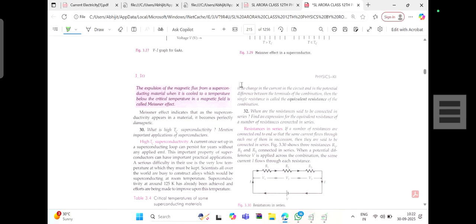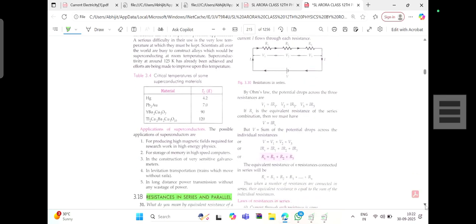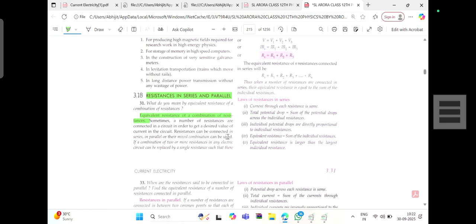Sometimes we have to use a combination of resistances for a circuit, in order to get the desired value of current in the circuit. Resistances can be connected in series, in parallel, or mixed combinations can be used.